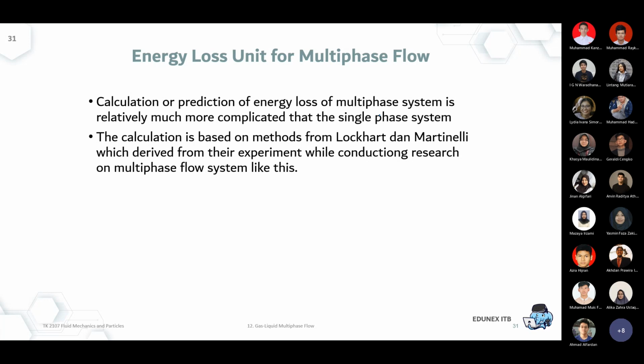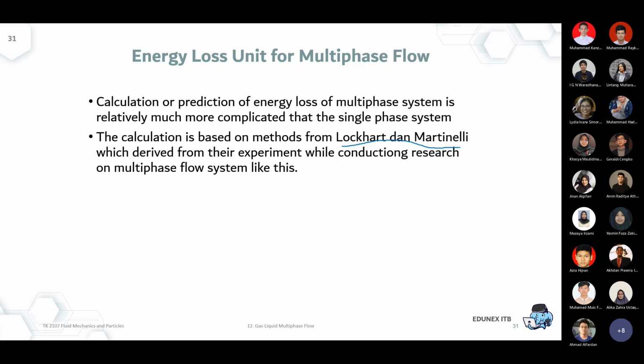The simplest correlation that can be used to calculate this delta P in multi-phase flow is called Lockhart-Martinelli. This is like a preliminary or simplified equation that was developed during the initial study of multi-phase flow.